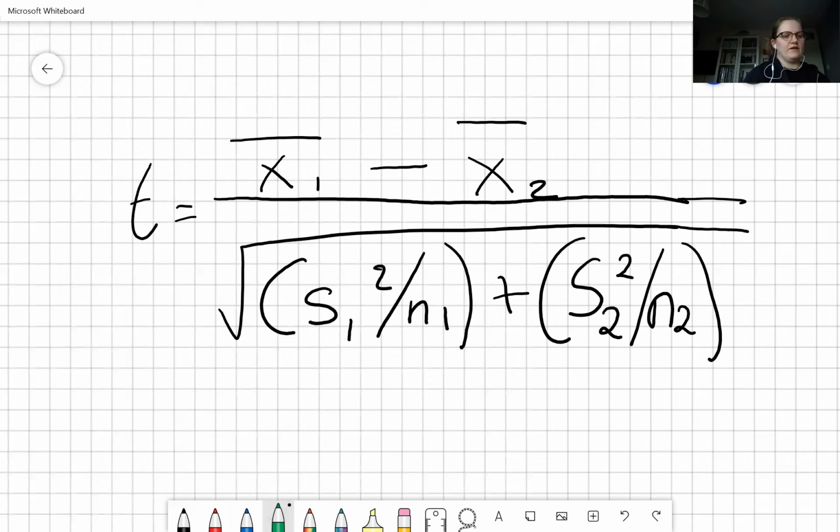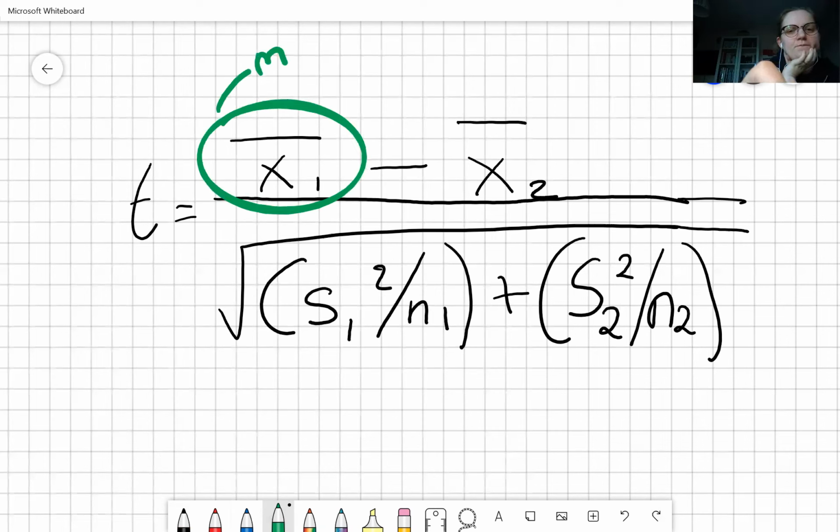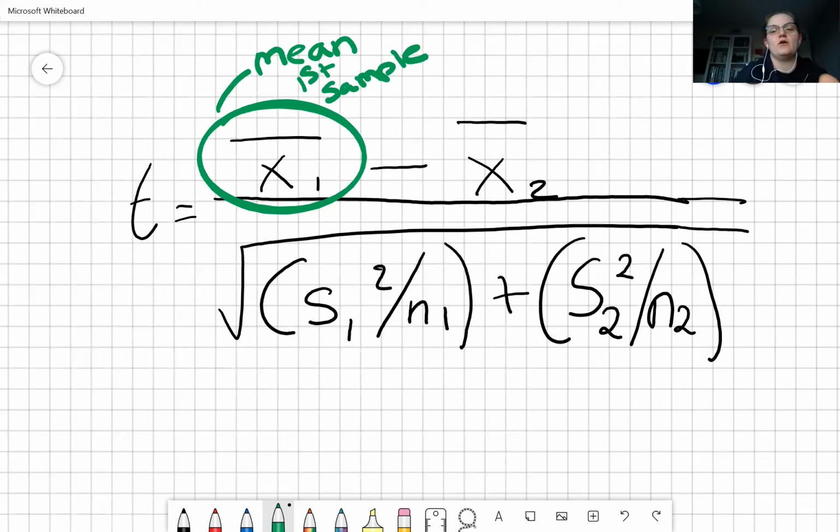Okay, let's have a quick talk through this. So what does all of this mean? This is the mean of the first sample. Remember, we're comparing 2 sets of data. You can guess that's the mean of the first sample, and that's our mean of our second sample.